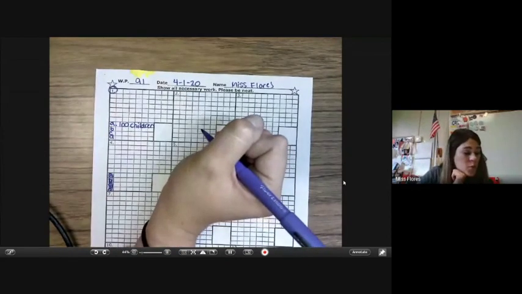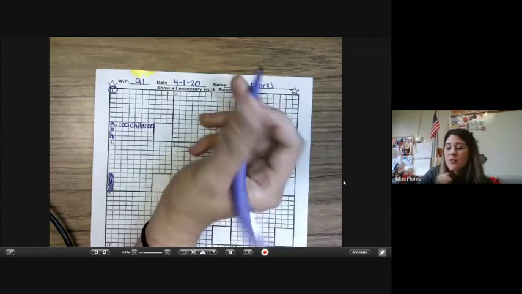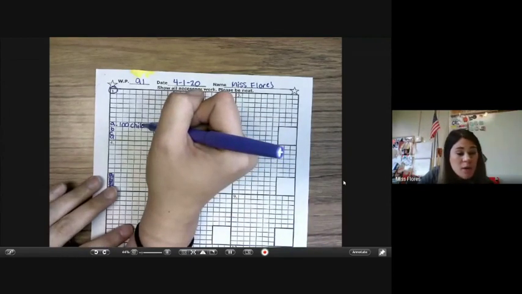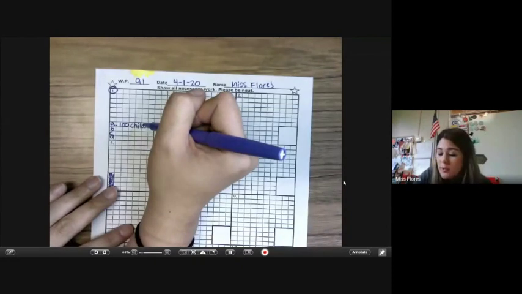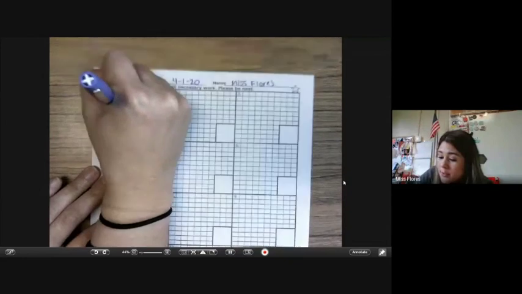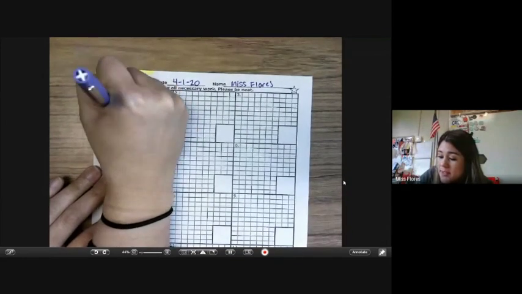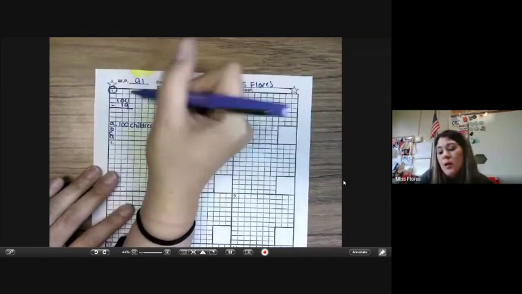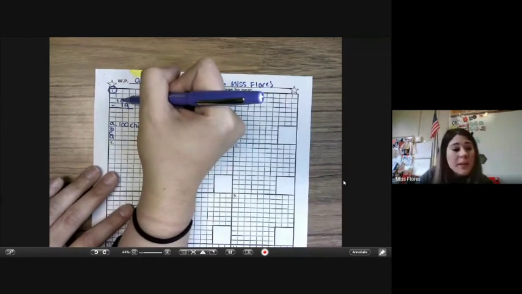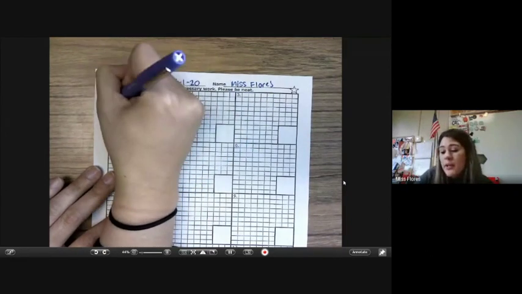B, how many children were not swimming? So if there was a total of 100 children, and it tells us that swimming there were 19, that means we're going to subtract 100 minus 19, because that's how many were swimming. So we cannot do 0 minus 9, so we need to borrow. There's nothing to borrow from 0, so the 1 now becomes a 0.